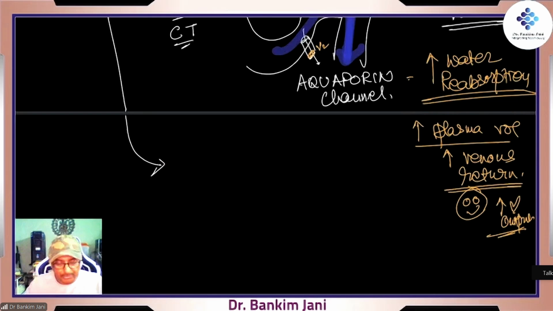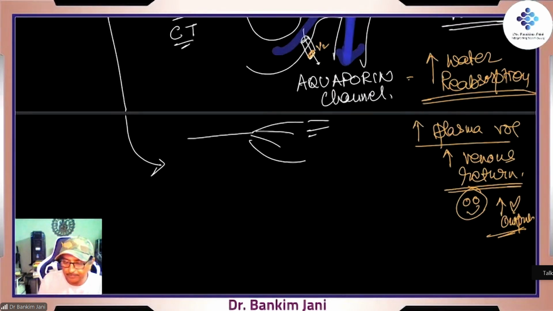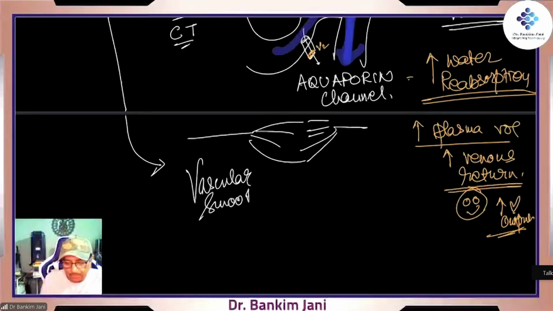So antidiuretic hormone, as we were talking about those capillary beds, is also acting on vascular smooth muscles. Now this is slightly better to be understood.